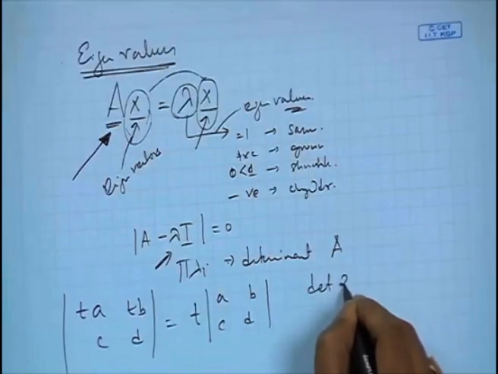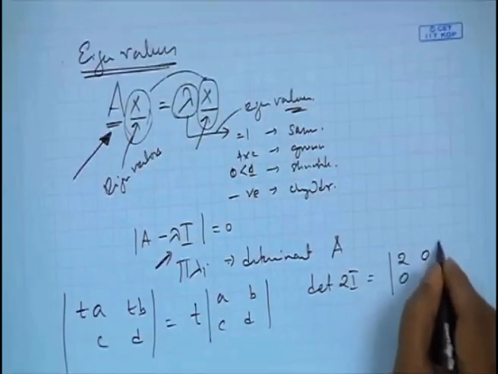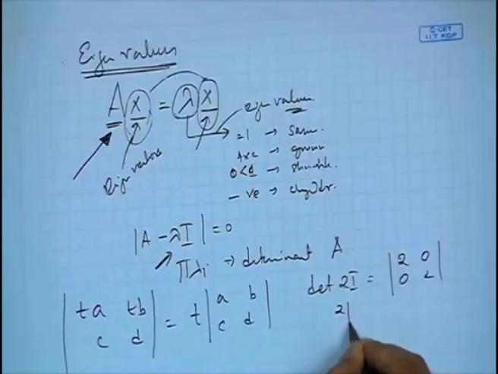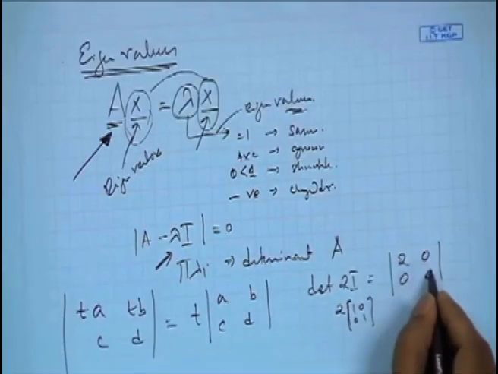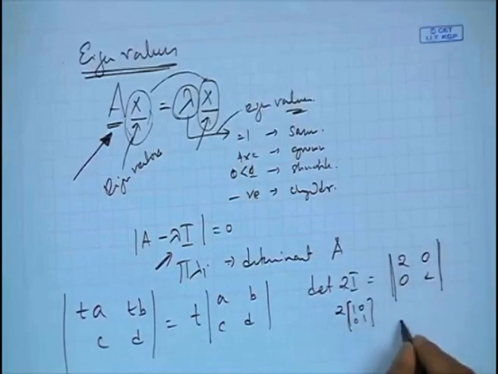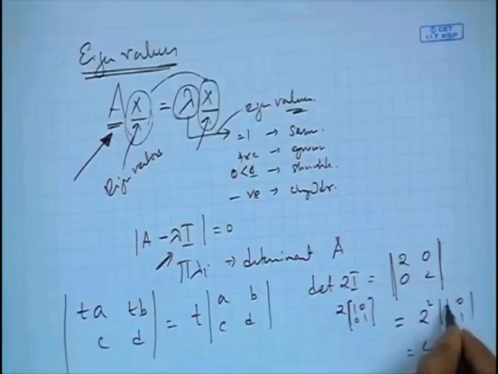So, let us say the determinant of 2I is equal to the determinant of [2 0; 0 2], because 2 times I is 2 times [1 0; 0 1], right. These lines indicate the determinant, which is equal to 2 squared times the determinant of I, which is equal to 4.